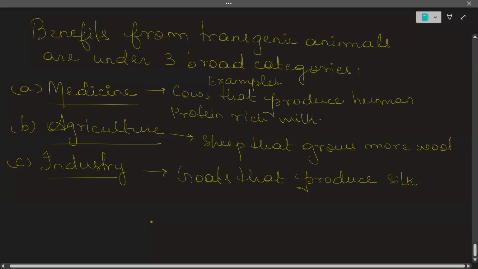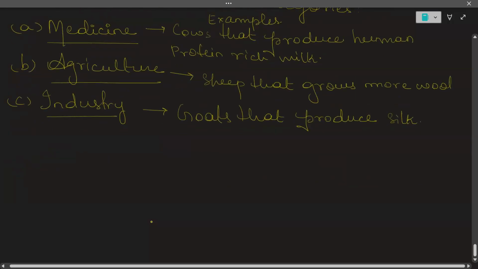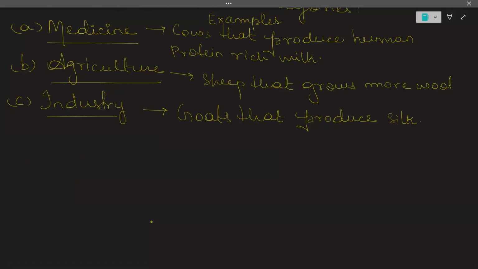Now moving forward, let us see the field of medicine. We can use transgenic animals to study normal physiology and development, to study diseases, to produce biological products, to test vaccine safety. Also, chemical safety testing can be done.